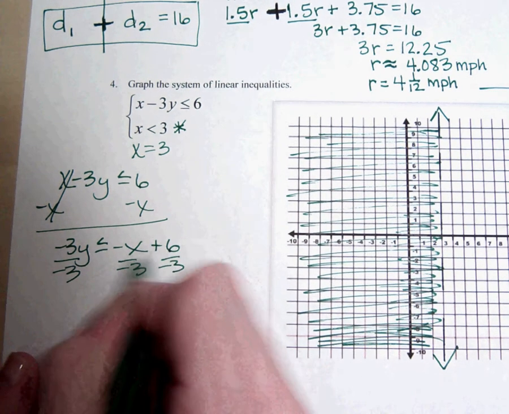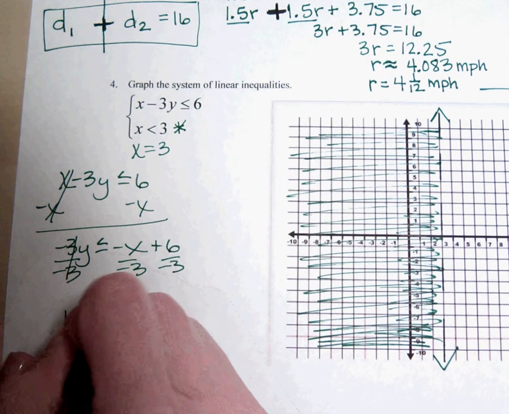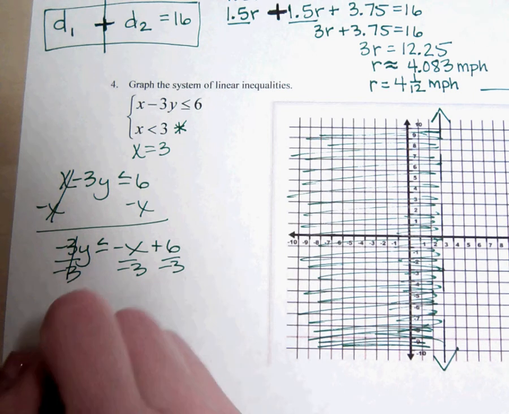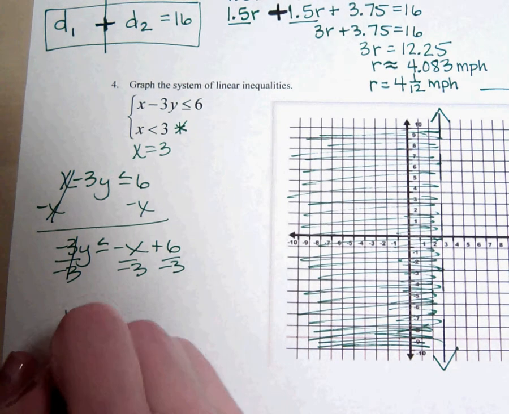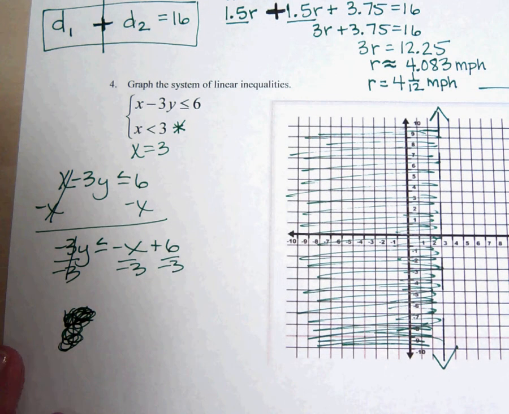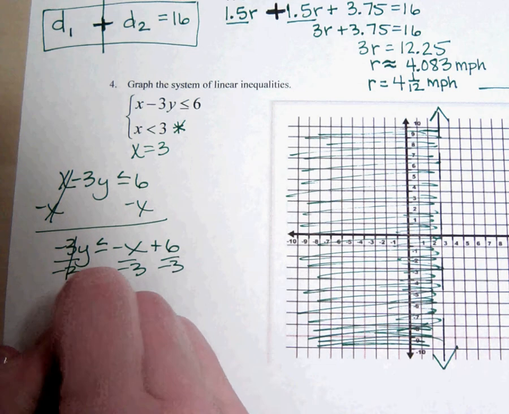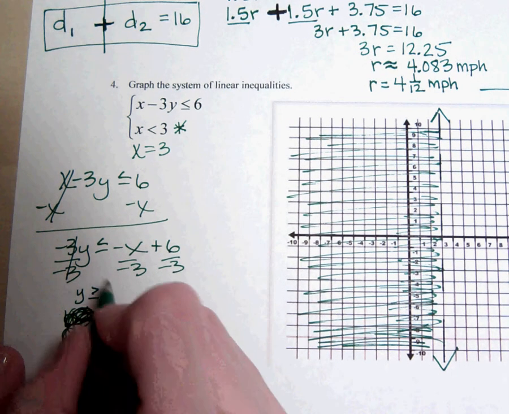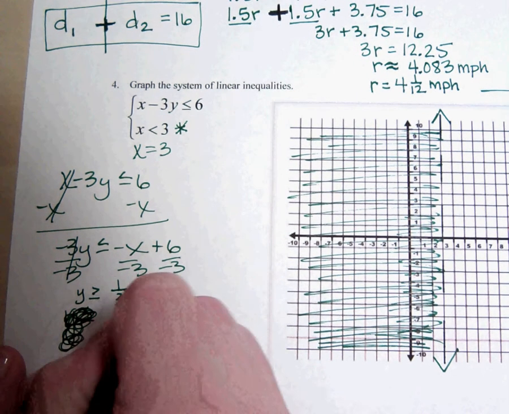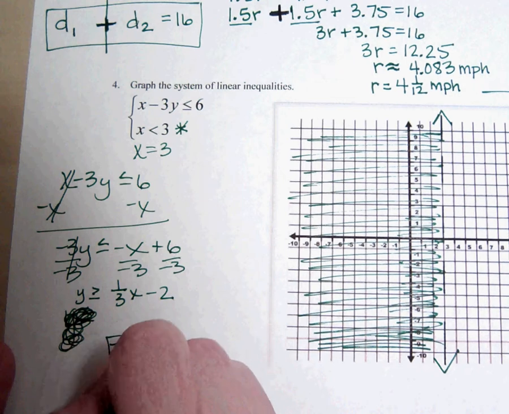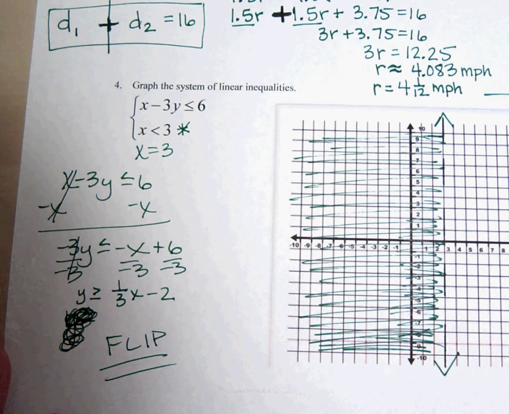And we are going to divide everything by negative 3. And when I do that, what did I forget to do? When I do that, I have to flip my symbol. So this becomes y is greater than or equal to 1/3 x minus 2. Okay, because I divided by a negative 3, I had to flip my symbol.